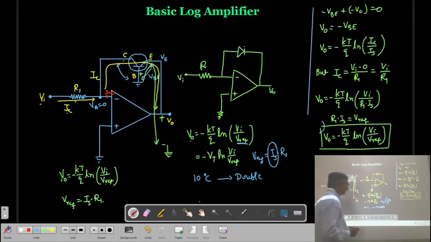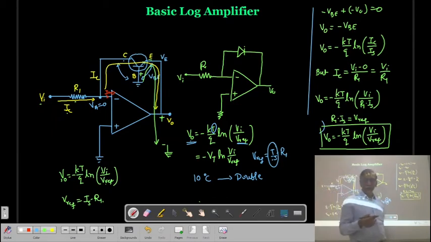Not only that, in this formula the T is also present. So at different temperatures, the output voltage will also be different. And the saturation current is also different for different types of transistor.